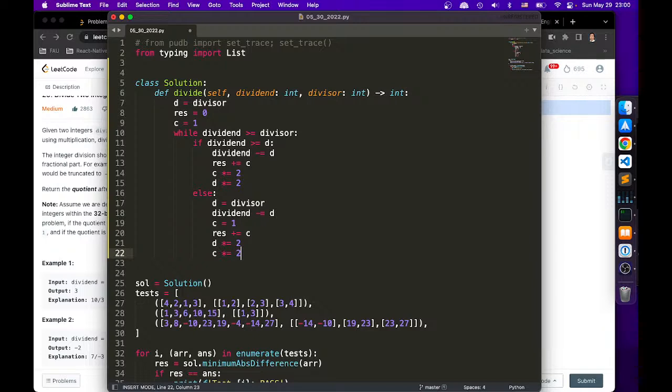So these three are the same, right? So these three are the same. I can group these together. The difference is the res has to update before.